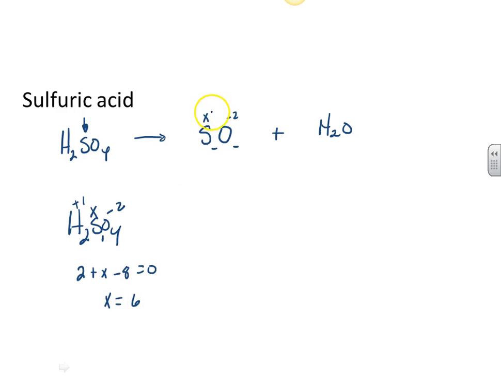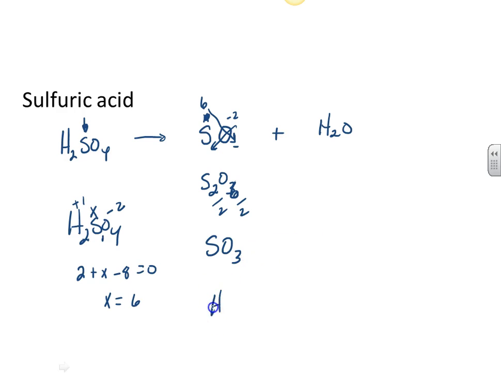So this oxidation state is 6. So that becomes S2O6, by the way. We'll reduce this by dividing each of them by 2. And that's going to be SO3.